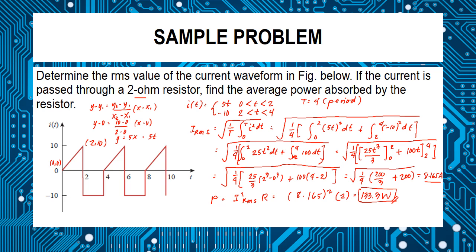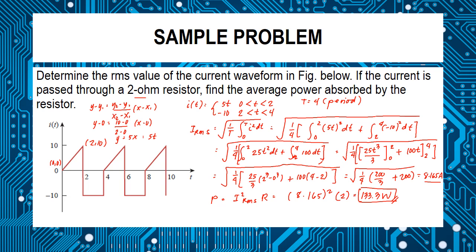And then integrating, so square root of 1/4 times, the integral of 25t squared is 25t cubed over 3 by the power rule, from 0 to 2, plus we have 100 dt, so that is 100t from 2 to 4.